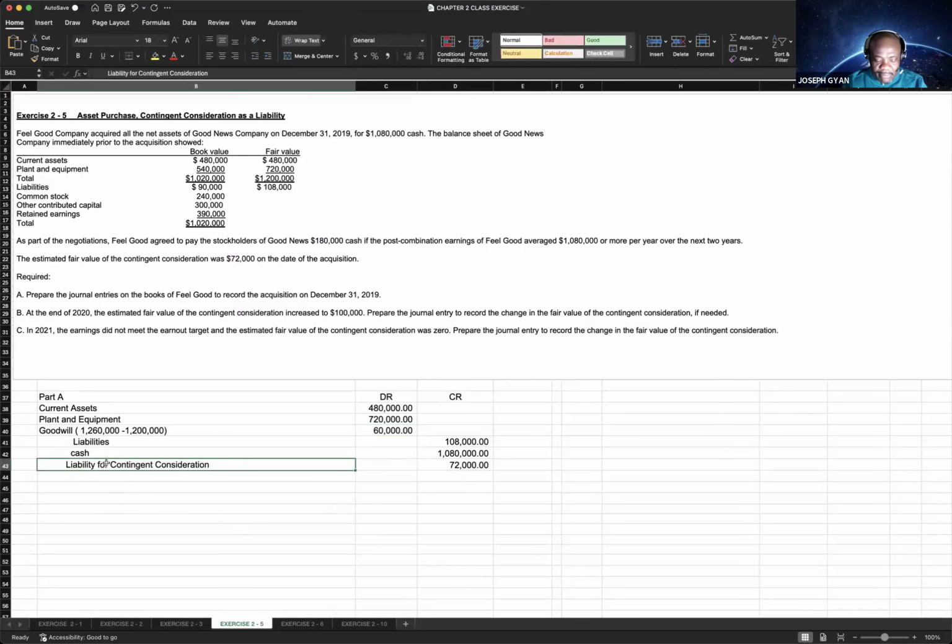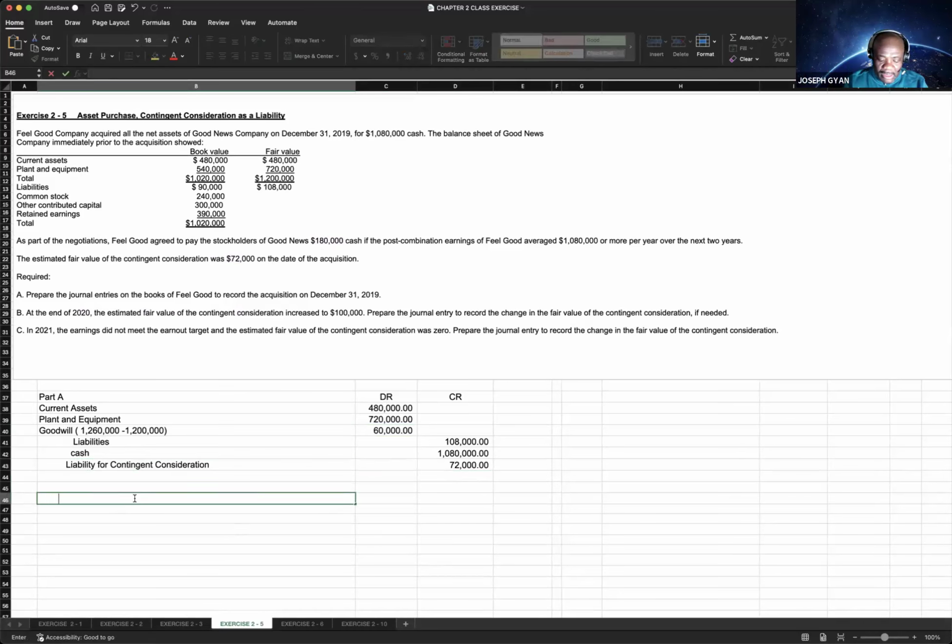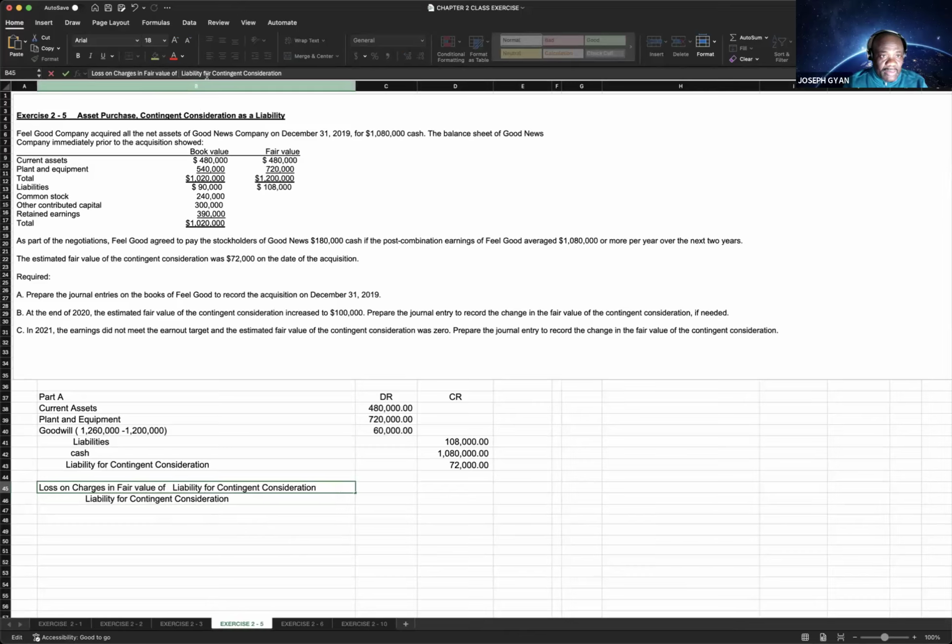So we are going to credit the liability, and we are going to debit loss on changes in fair value of the contingent consideration.